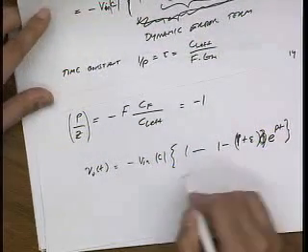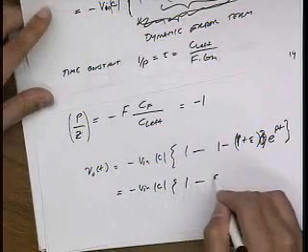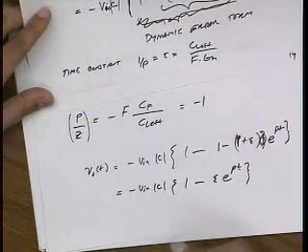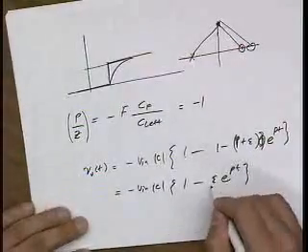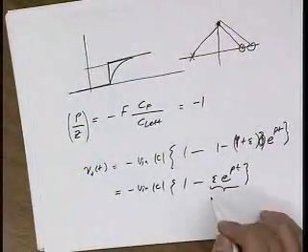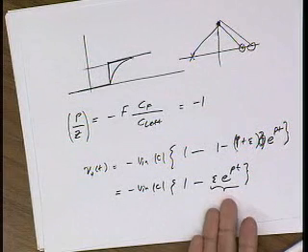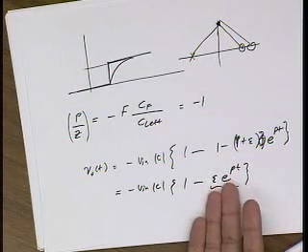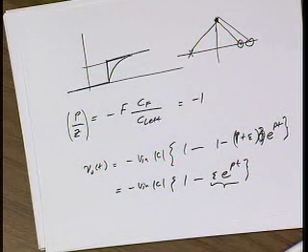Then you can see this 1 cancels out, and I end up with minus epsilon e to the pt. Well, that's great, but I still have to wait. If epsilon turns out to be bigger than the settling accuracy that I want, then I still have to wait the same amount of time until that epsilon times e to the pt is small enough.